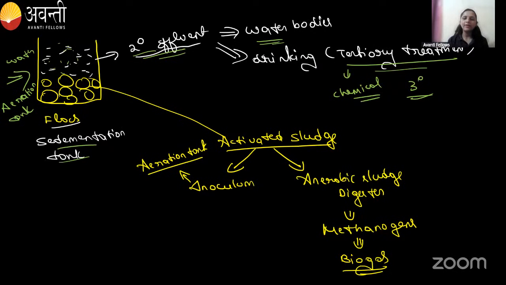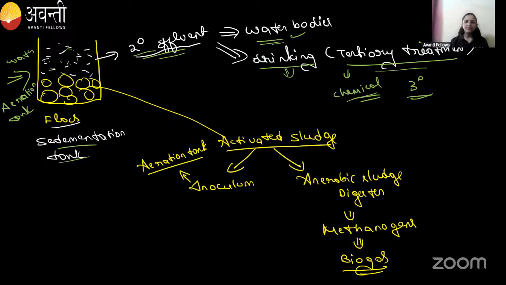Either the secondary effluent without tertiary treatment goes into the river, or for drinking we do the tertiary treatment using chemicals, chlorine, and other things, and then use it for drinking purposes. The drinking water that comes to your homes is nothing but this water after the tertiary treatment.